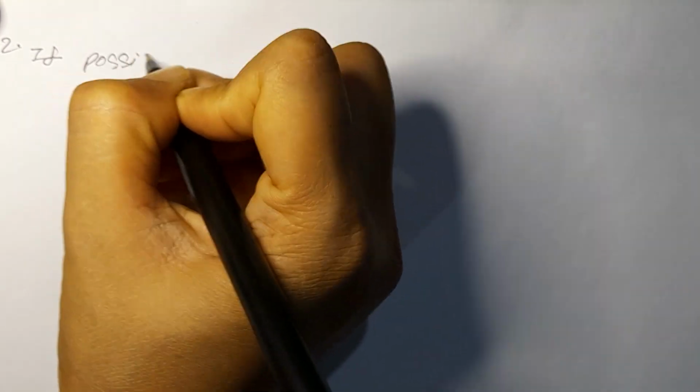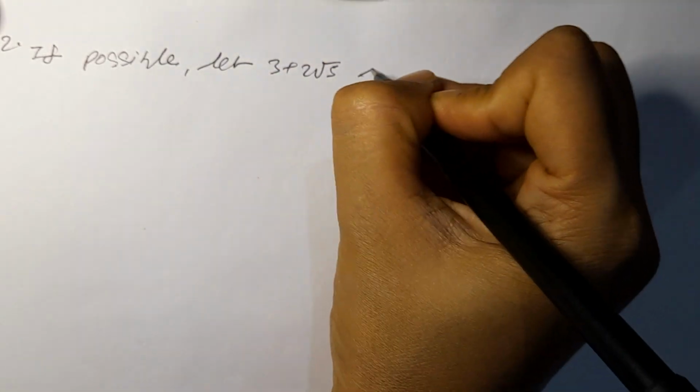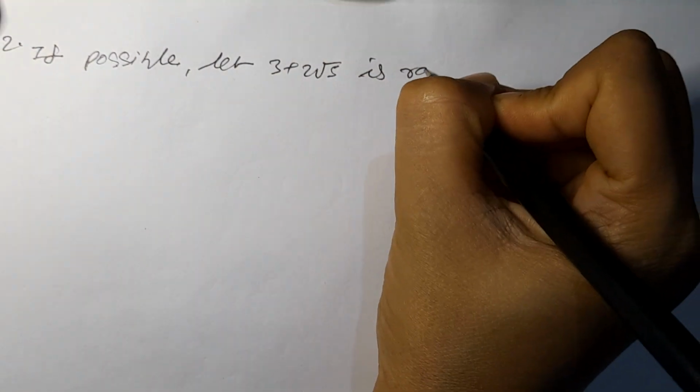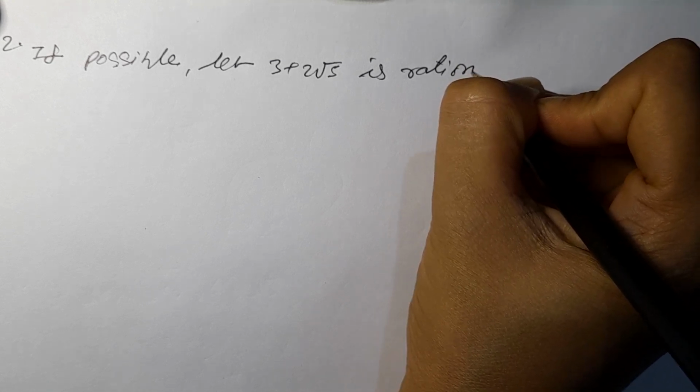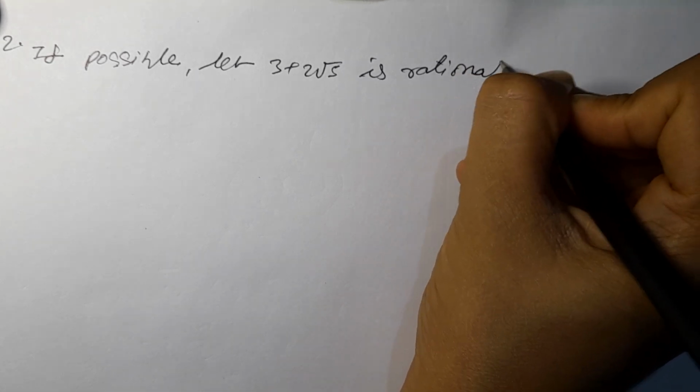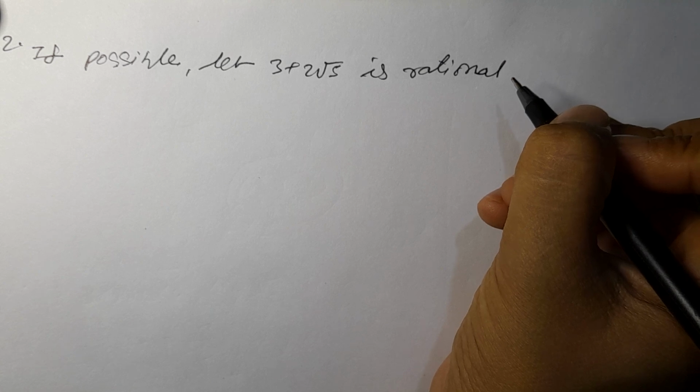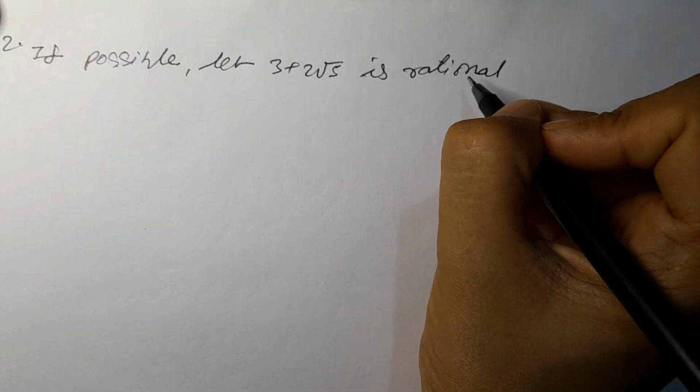If possible, let 3 plus 2 root 5 be a rational number. Same as before, we consider it rational and are going to prove it is not, so it is an irrational number, because in the real numbers we have only rational or irrational numbers. If it is not rational, it has to be irrational.